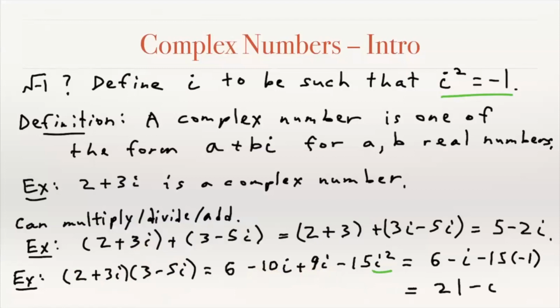So the answer there would be 21 minus i. So that's adding and multiplying complex numbers. You can also divide them using conjugates, which we'll get to in a bit. The most relevant thing for us, though, will be regarding finding roots of auxiliary polynomials, which may be complex, and how to deal with those regarding finding corresponding solutions of the differential equation.